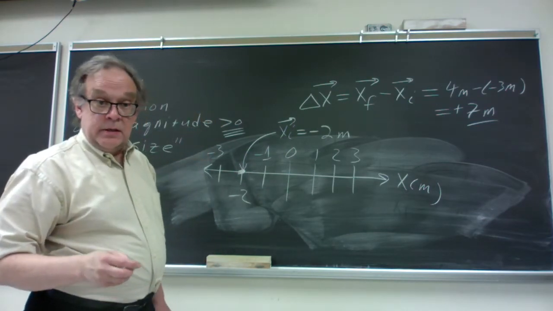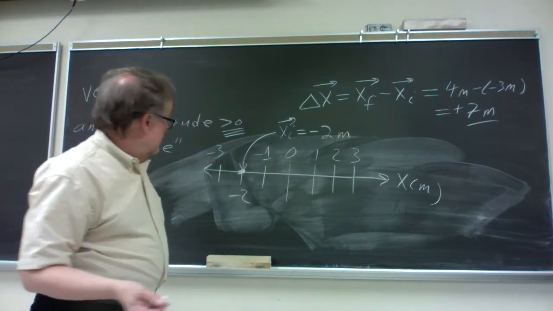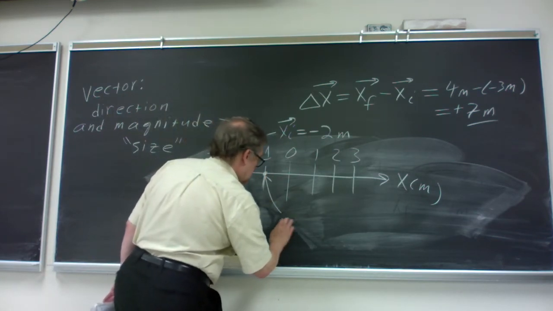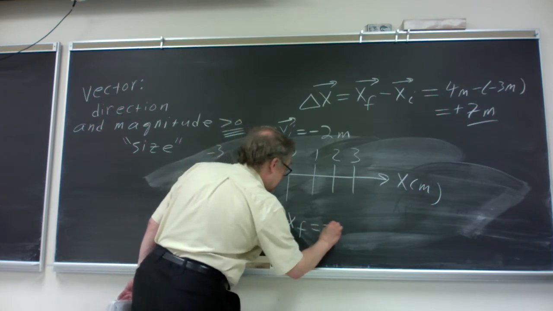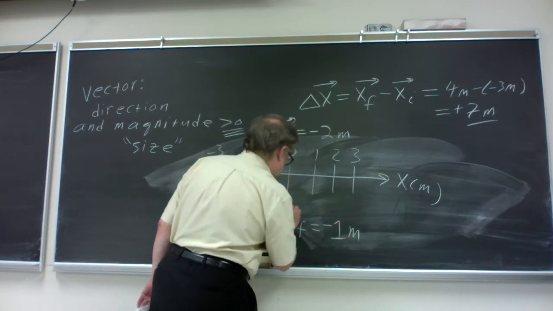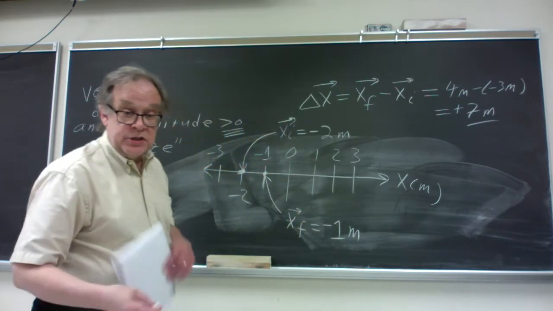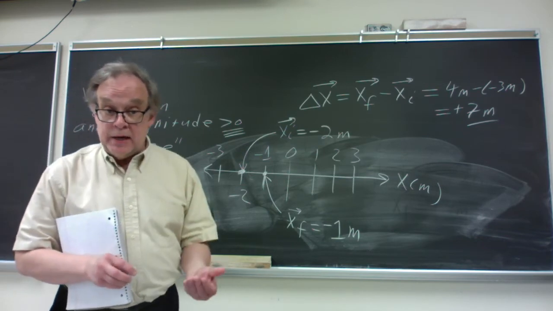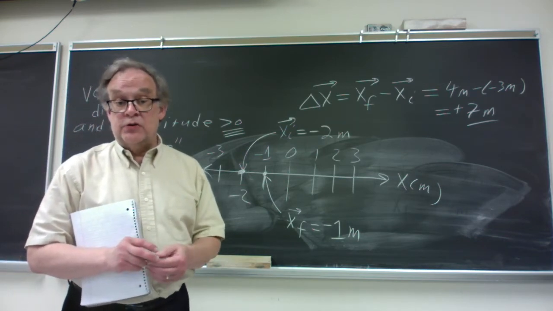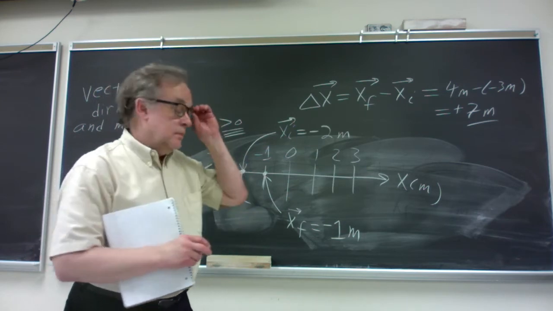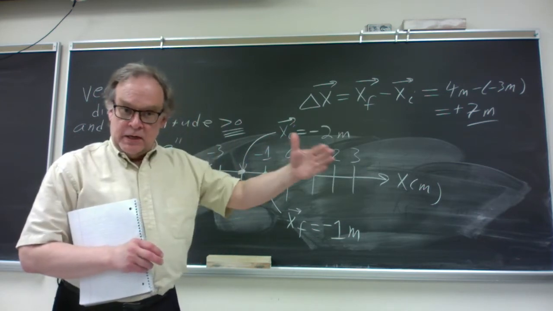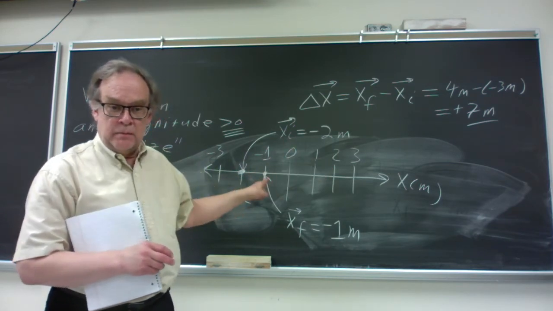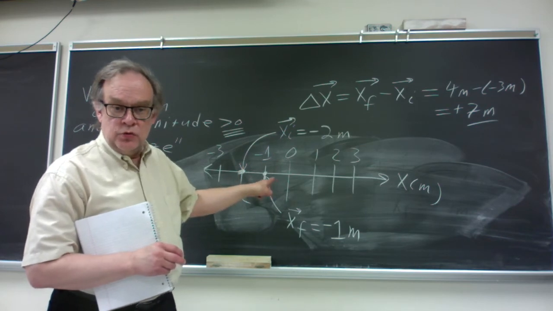And let's say the final location is just here. Final location is minus 1 meter. So the distance between the starting point and the finishing point is a distance of only 1 meter. In other words, the magnitude of the change of location vector is just 1 meter. But imagine there are many different paths, many different trips that bug can take in order to get from the starting point to the finishing point.